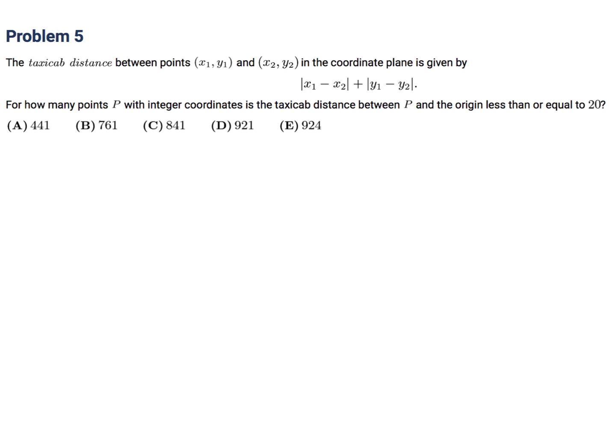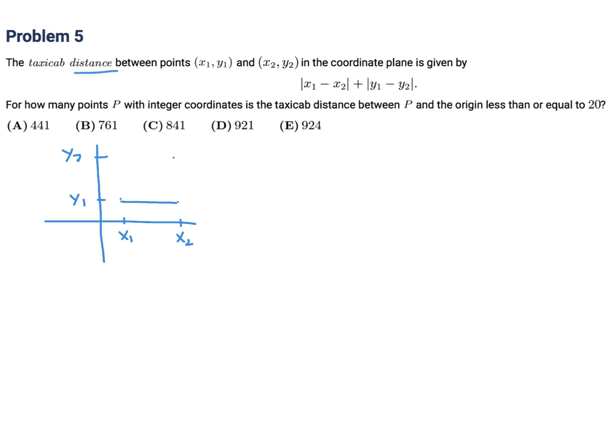All right. So basically we have a situation where, let's say, draw a little graph here and say this is x1 and this is x2, and say this is y1 and this is y2. The taxi cab difference is going to be x1 minus x2, so that's going to be this, an absolute value, meaning it's got to be a positive value because we're talking about a distance.